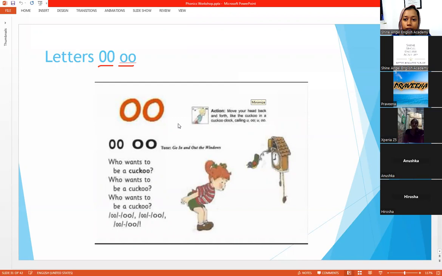So when the questions are asked, you all have to cooperate with the teacher, with me, with the lecturer. Because when you cooperate more, you will have more experience while teaching.